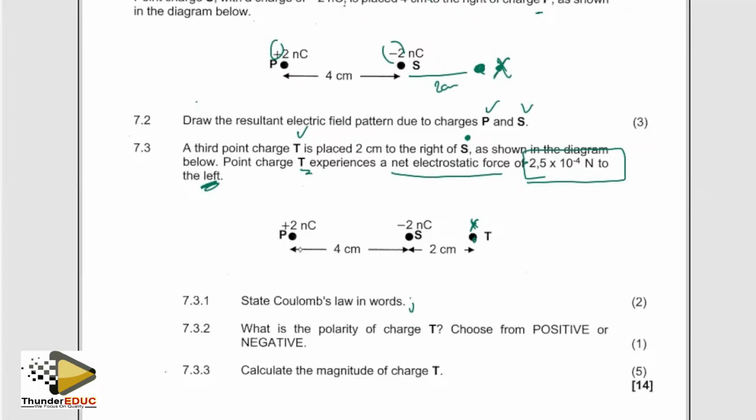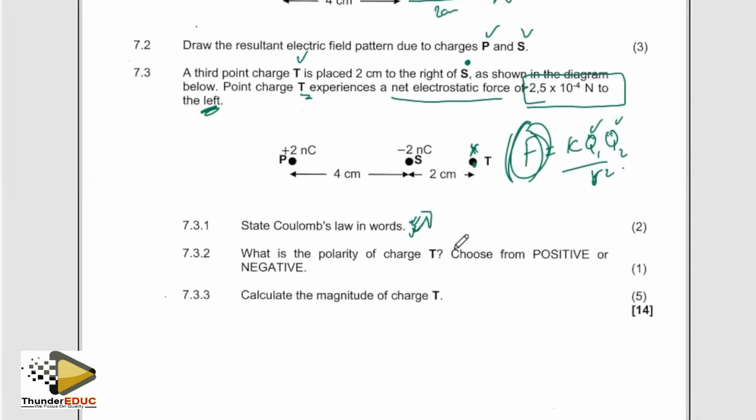So we know that with Coulomb's law, the force of attraction or repulsion that exists between 2 point charges is directly proportional, from the formula Q1 Q2 over r squared, to the product of the magnitudes of the charges and inversely proportional to the square of the distance between those charges, or the square of the distance apart.